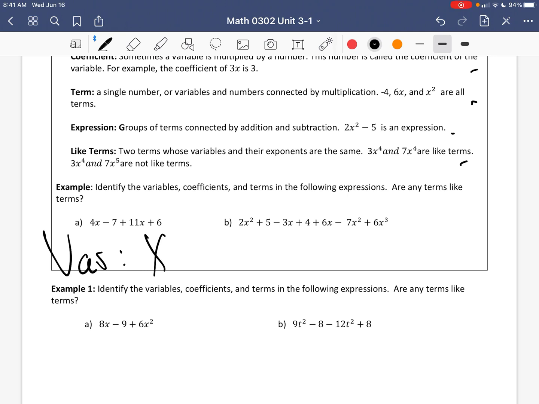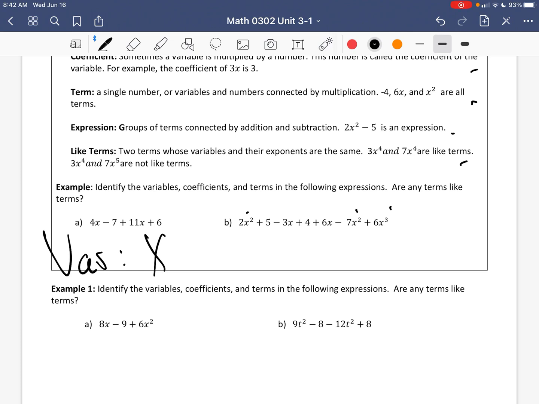X raised to the square, x raised to the 3, that appears here and appears here. It's still the variable x, just raised to an exponent, but that doesn't mean it's its own variable. We still have an expression written in terms of the variable x.